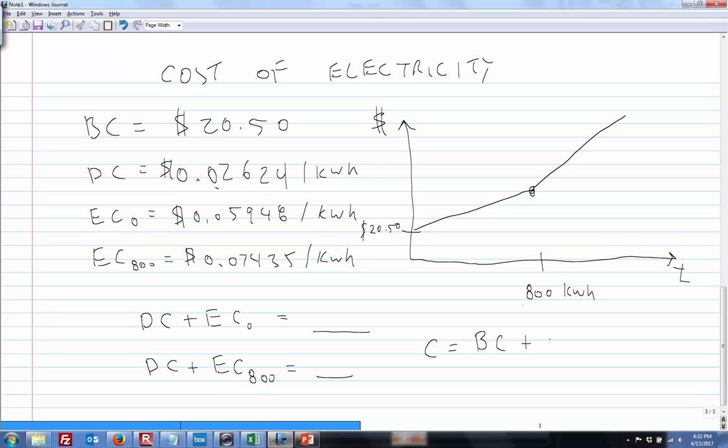Direct charge? That's correct. Yeah. Direct charge, delivery charge. Delivery charge, okay, delivery charge plus energy charge 0 times time.